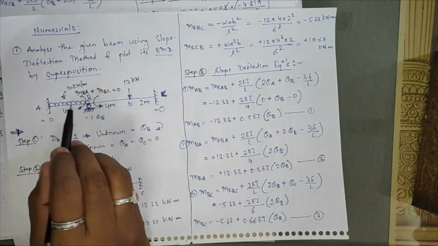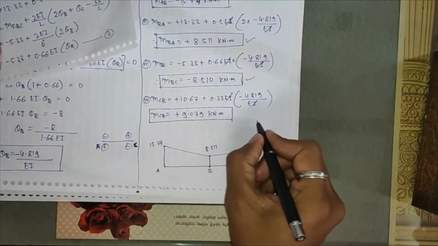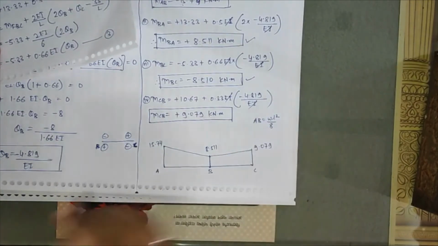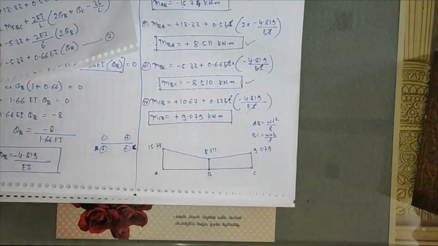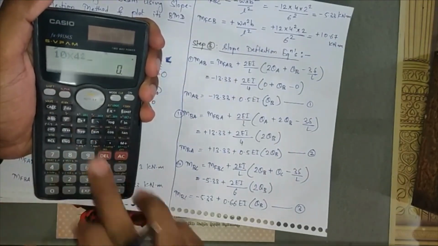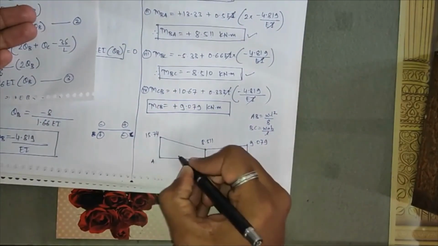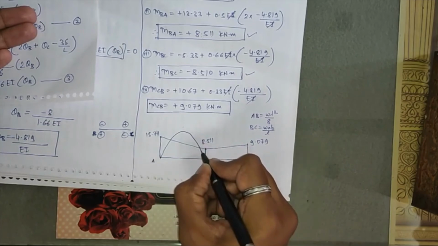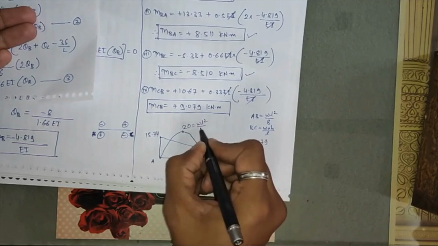How much will it be? The maximum span moment if UDL is acting is equal to WL square divided by 8 for member AB, and for BC it is equal to WAB divided by L. WL square by 8: W is 10, L is 4, so 10 into 4 square divided by 8, and I am getting 20. So this 20 will be the maximum at the center. It will follow a parabolic path, and the maximum at the center comes equal to 20.